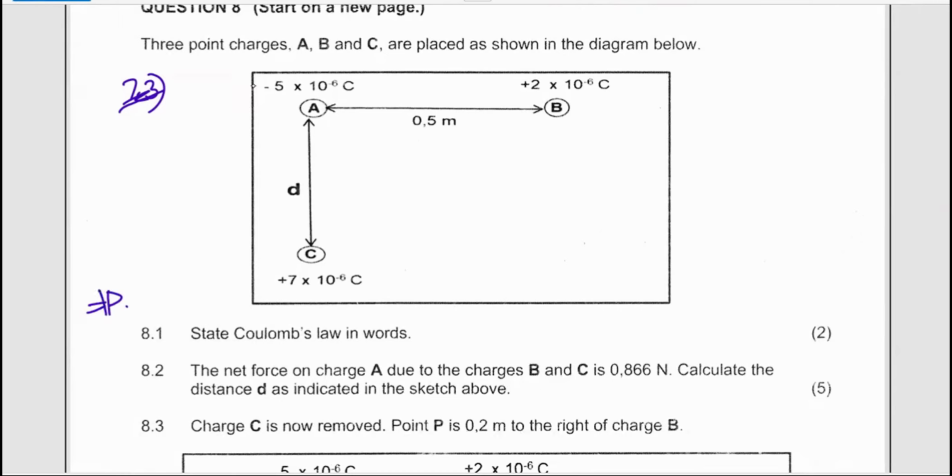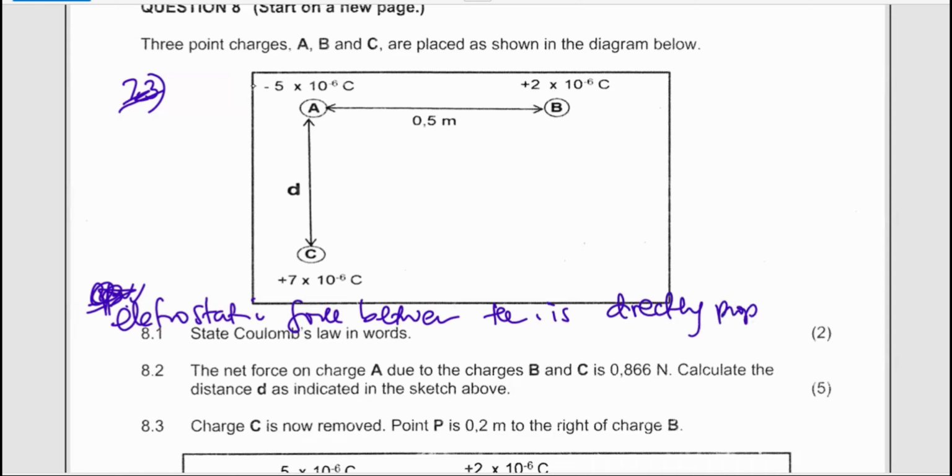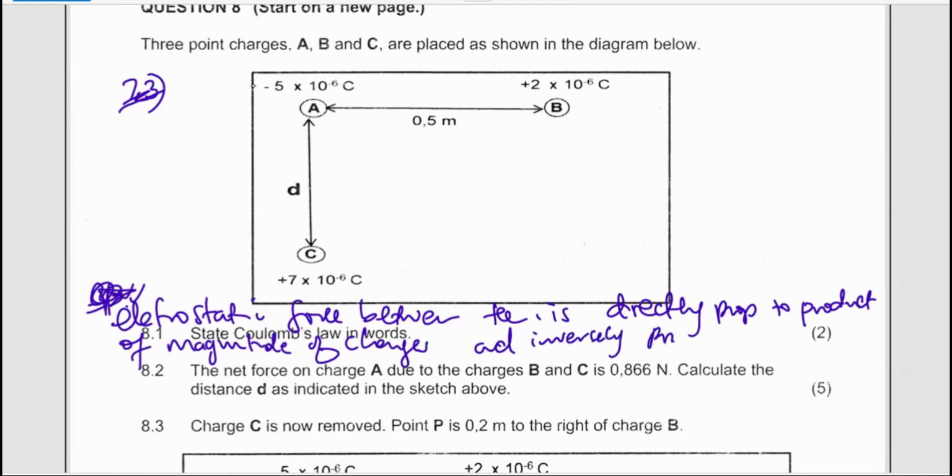If we have two charges in space, the electrostatic force between them is directly proportional to the product of the magnitudes of the charges, and inversely proportional to the square of the distance between them.